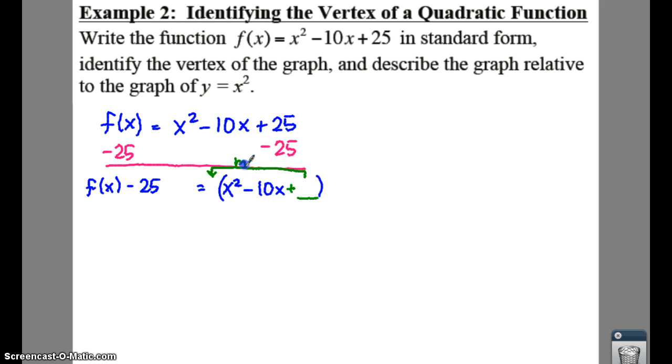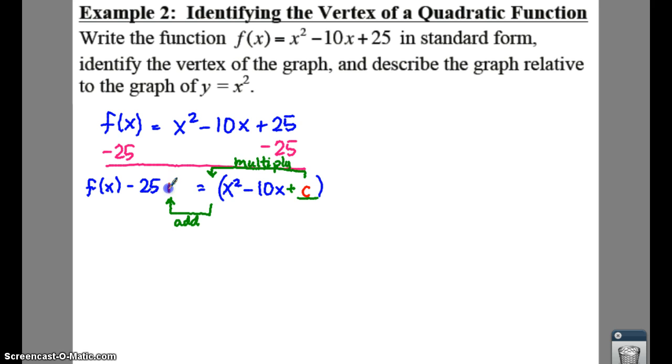So here we're going to multiply, and then we're going to put that number over here, so add that number or subtract it over here. To find this number, this is our value we like to call c.